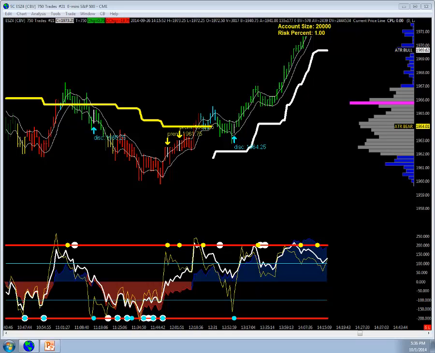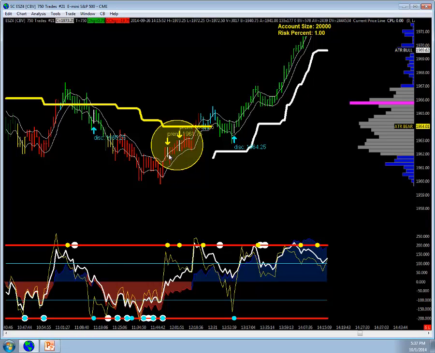Could be the first pullback, could be the next pullback within the developing trending directional move. Take it. There are times though, and again, everything has a caveat, when there is a premium or a discount that develops near the low end of the move that may not trigger. So as you can see here, you have premiums right here.